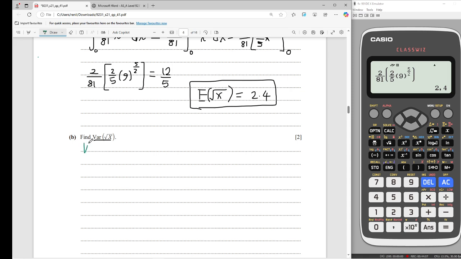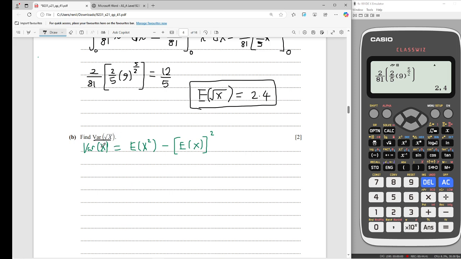Variance of x, this is not root x, just x, is equal to E of x squared minus E of x, the whole squared.